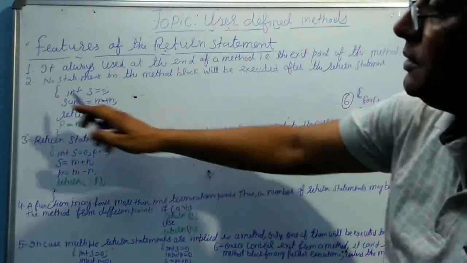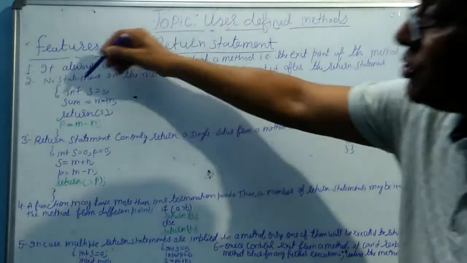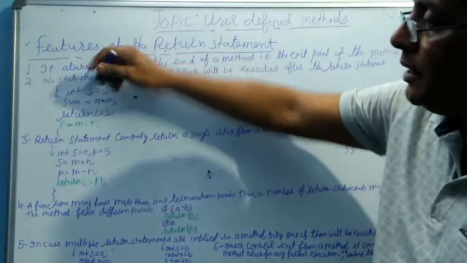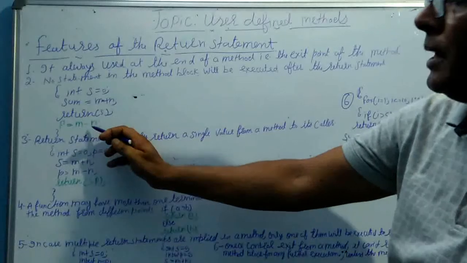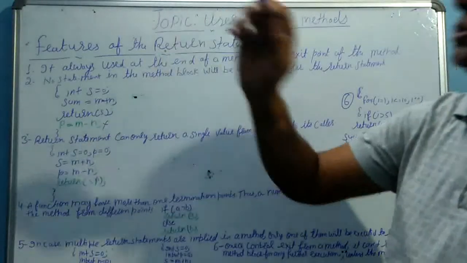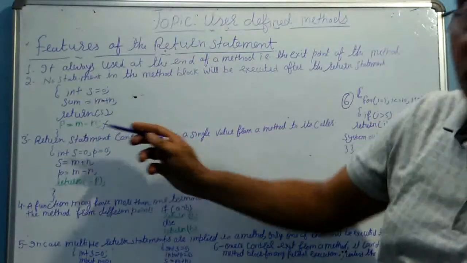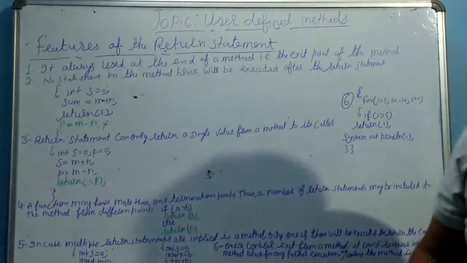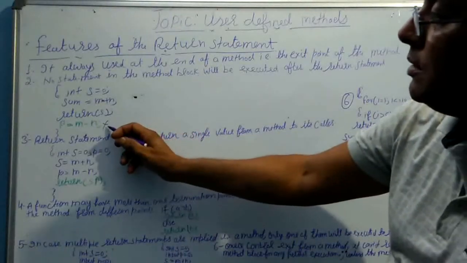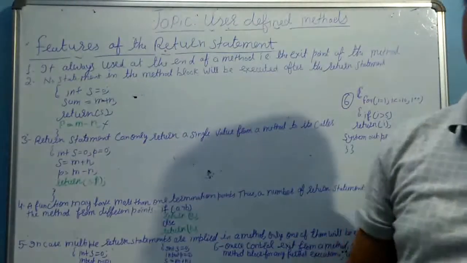Example is given: integer s is equal to 0, s is equal to m plus n, and return s, and p is equal to m minus n. Okay, this will not execute. If this type of condition comes in your program, this statement will not execute after the return statement.